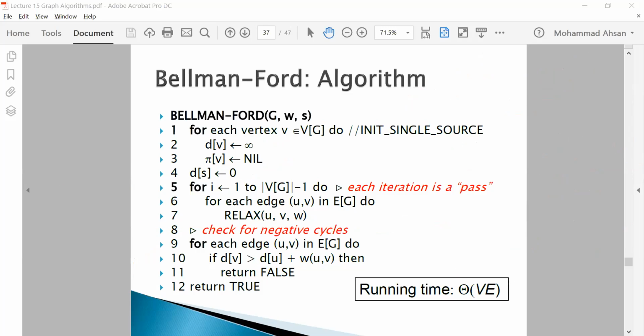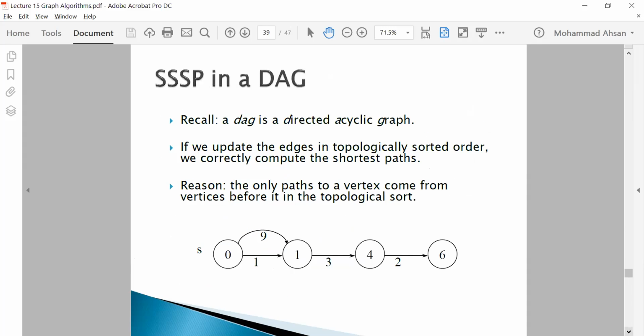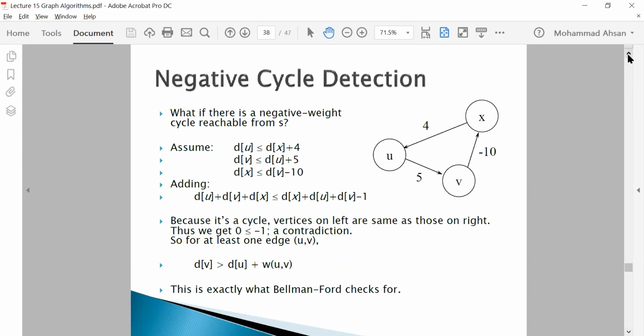So let me see if there is a, okay, let me find an example to do. Just give me a second.